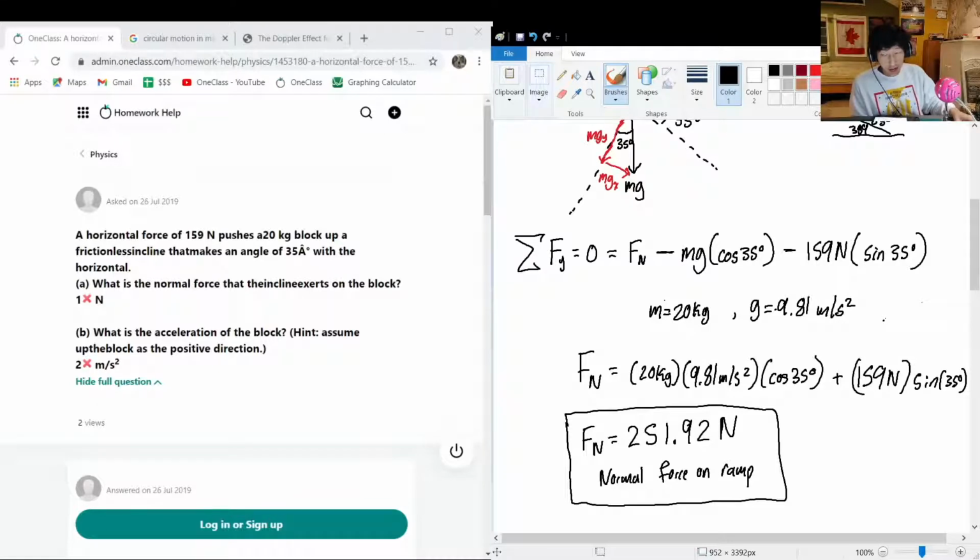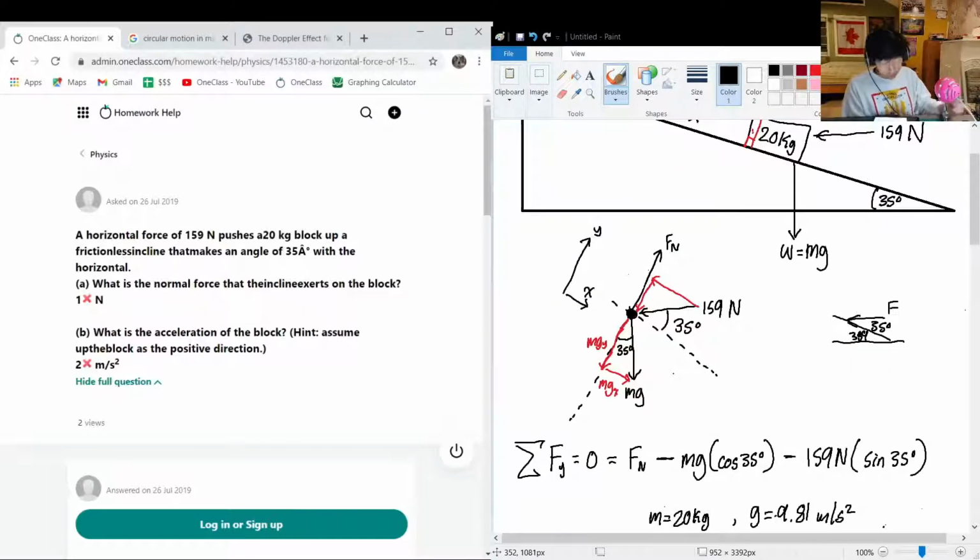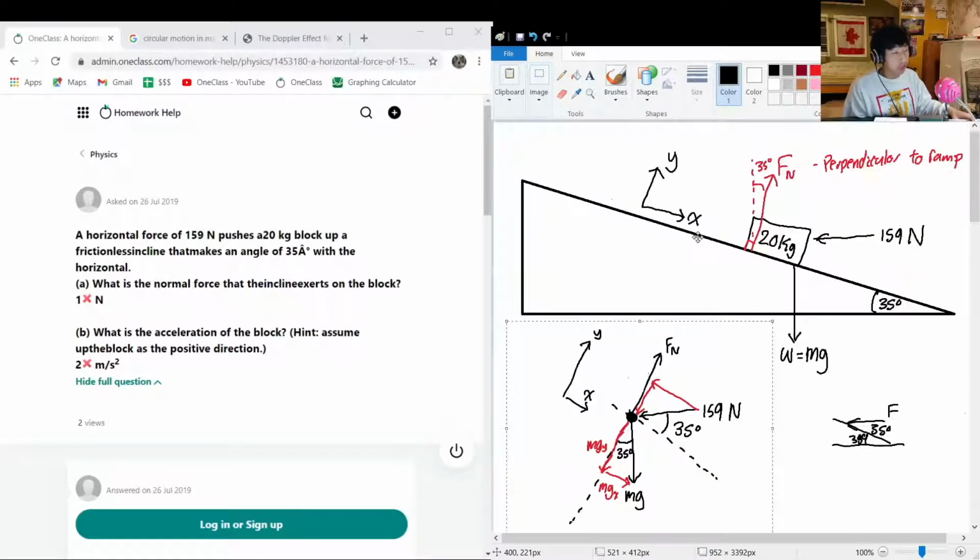Super cool. Now the second question is asking us, what is the acceleration of the block? So this kind of ties into what we were doing previously. I'll copy down this whole diagram so we don't have to draw it in again. Because what we're going to be doing here is pretty much the same thing that we did in the y direction of our tilted axes, but we're going to do it in the x direction.